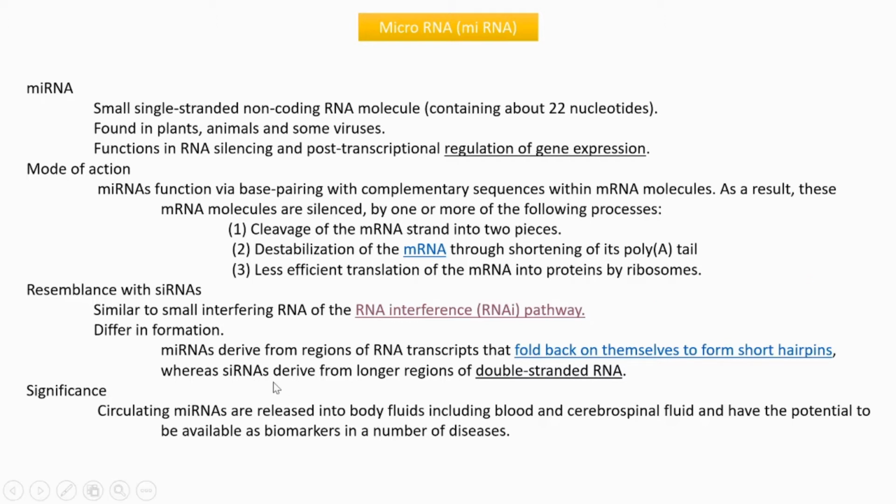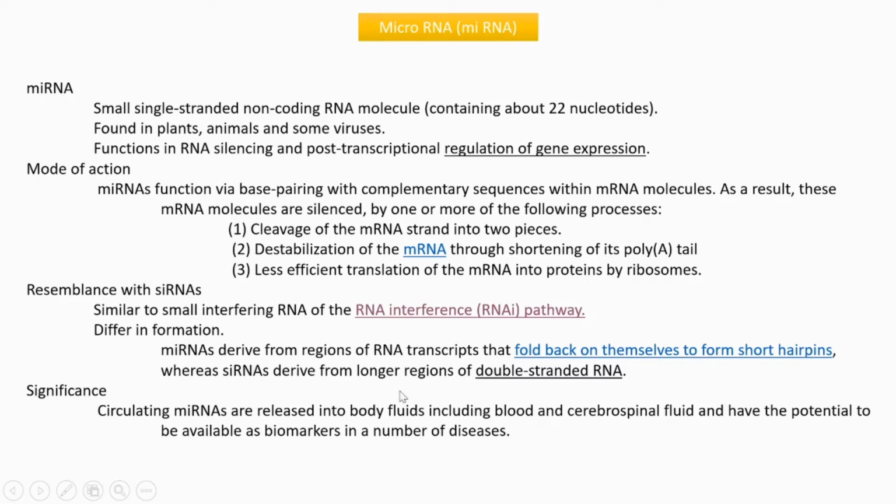At the same time, siRNA is formed directly from a longer region of double-stranded RNA itself. In the case of miRNA, it is formed from single-stranded RNA. When it loops back and forms a hairpin loop, at that time it becomes a miRNA.